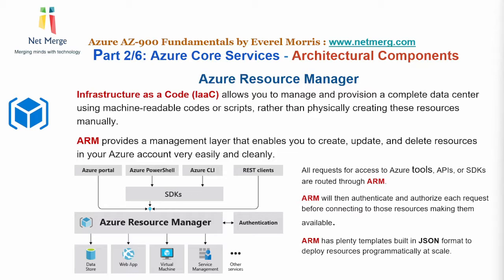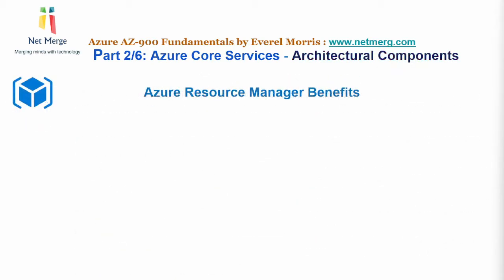It's built in JSON format to deploy resources programmatically at scale. These templates are available in the marketplace, so there are a lot of predefined templates. So, for example, if you want to create a certain kind of virtual machine using Linux, there's a template. A virtual machine in Windows, there's a template for that. There are templates out there for a lot of different things in Azure, and I want you to understand that.